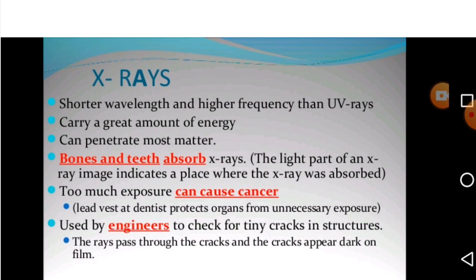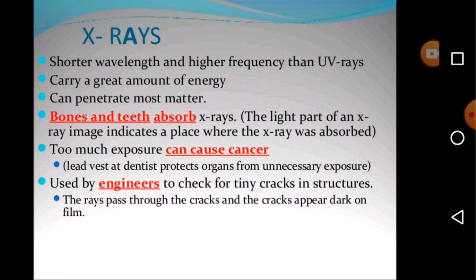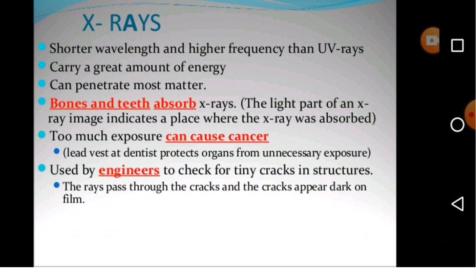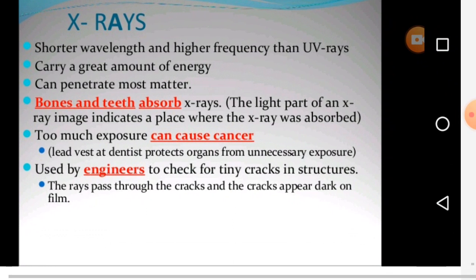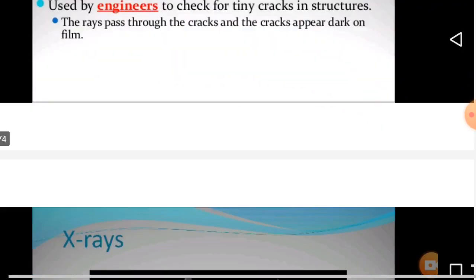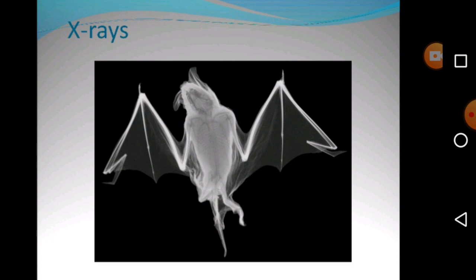Then X-rays, with shorter wavelength and higher frequency than ultraviolet rays, carry a great amount of energy and can penetrate most matter. So some information regarding X-rays is given in the slide. If you take an X-ray of any living organism, it will appear like this.